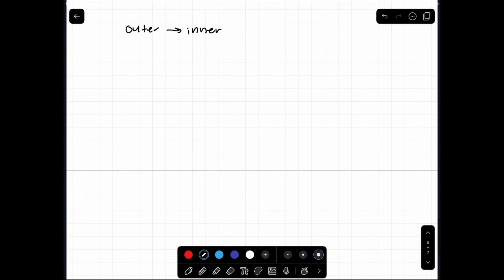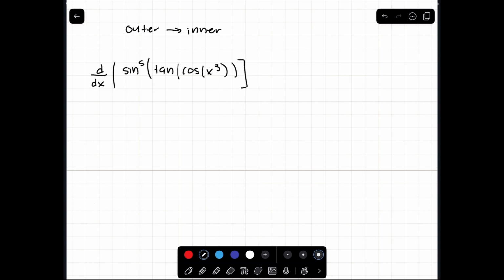So we can do one more. How are we going to start this one? So first, let's identify outer to inner.